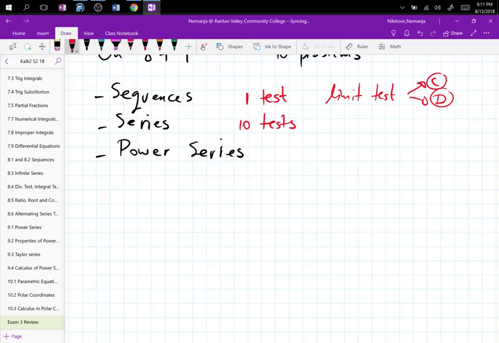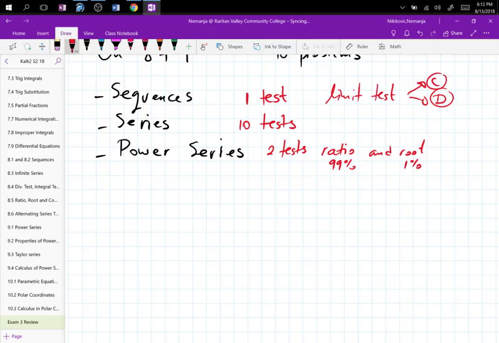For power series, for interval of convergence and radius of convergence, we generally use the ratio test 99% of the time, and then a root test sneaks in once in a while. So I'll just say 2 tests, ratio and root, 99% and 1%.